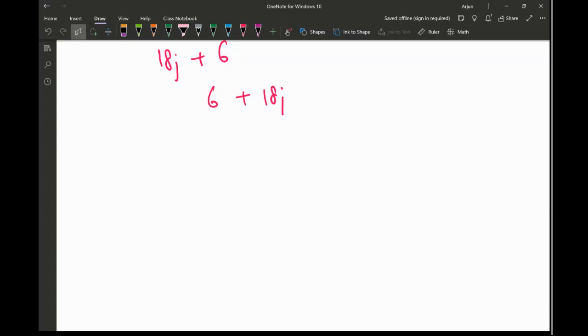Now let's look into another question on multiplication. -9.4 minus 6.2j multiplied by 2.5 plus 1.5j. If a question looks something like this one, how are we going to solve this?